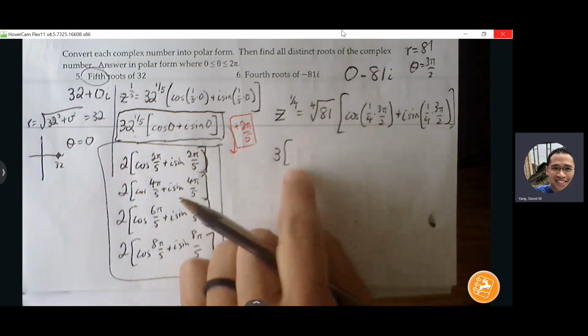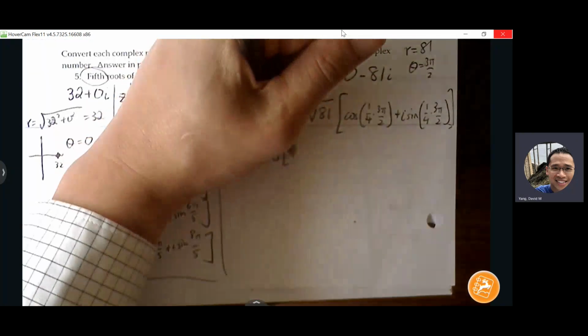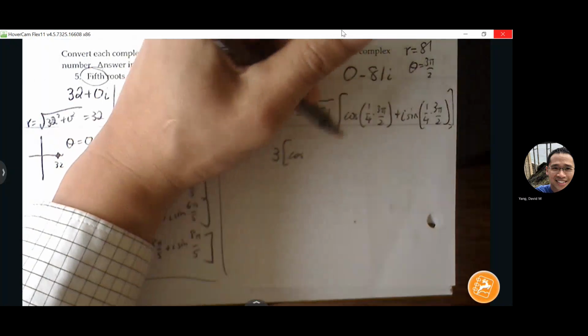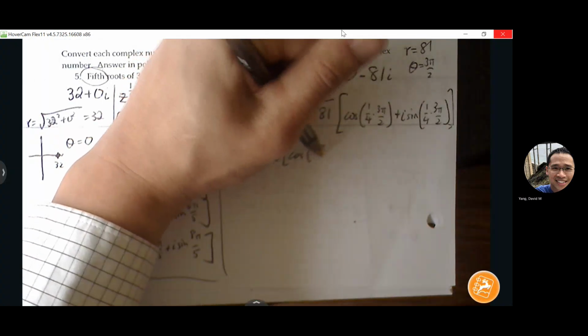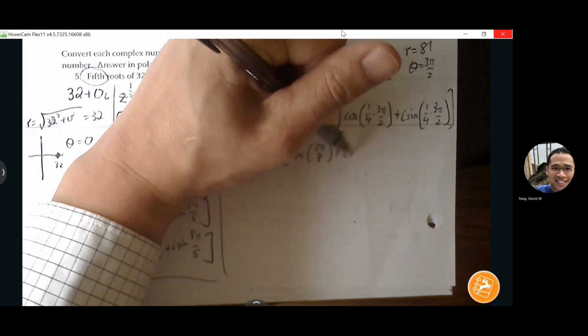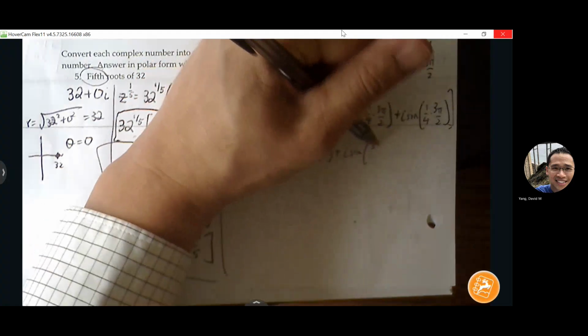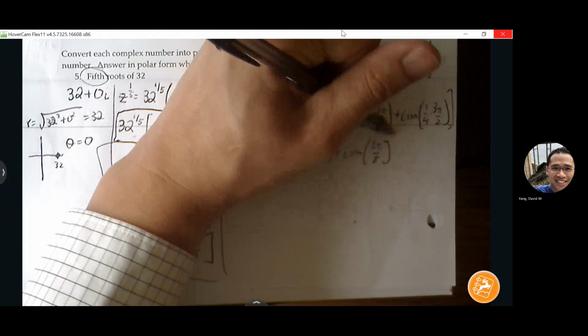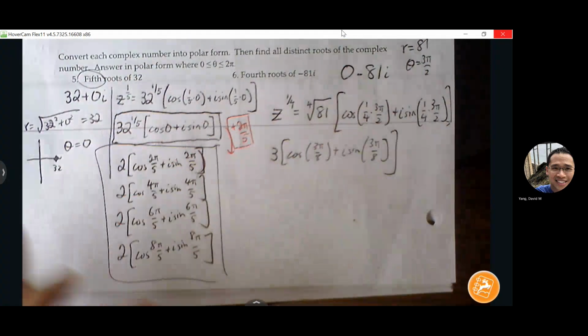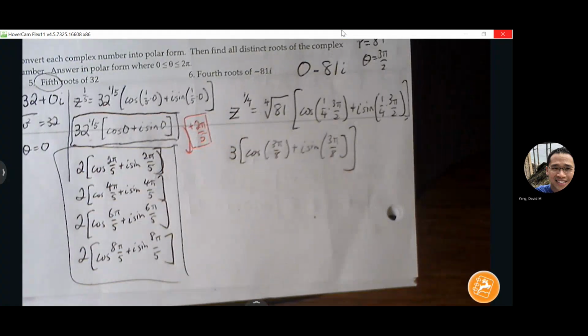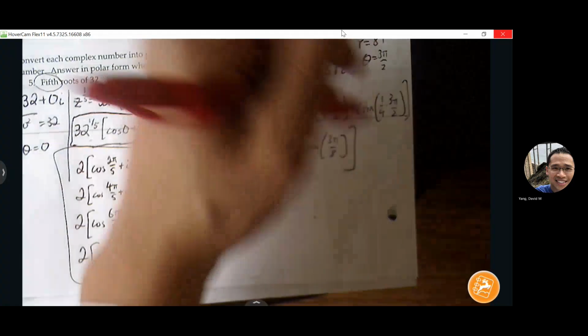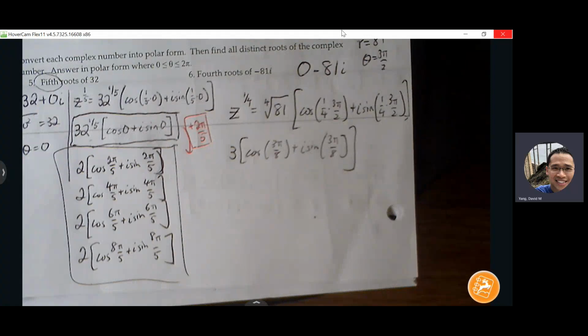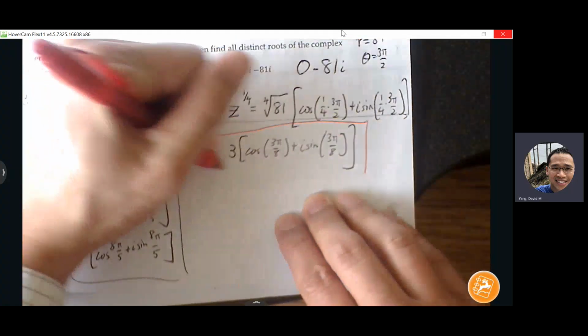Leave it as 81 to the 1/4, or you can reduce it down to 3. So that's one of my solutions. I need to find 3 more.